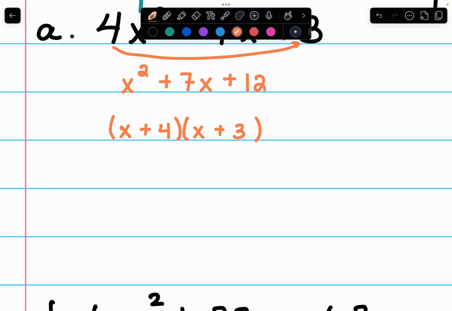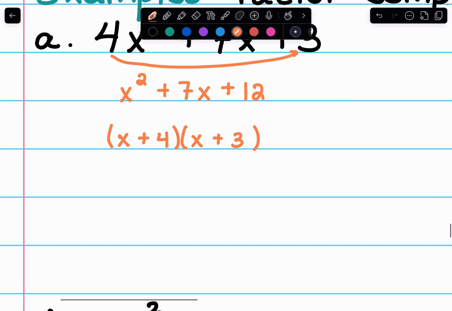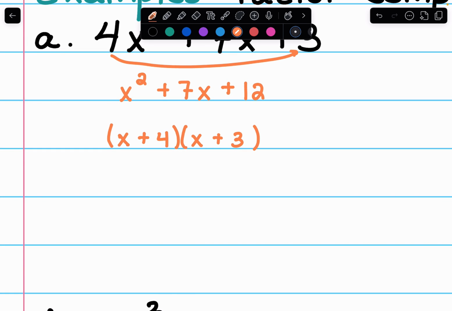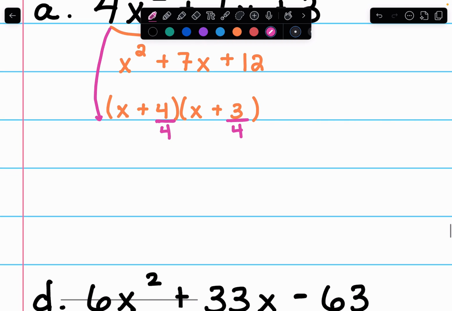Okay, so that was step number 2. Step number 3 says divide both numbers in the parentheses by the first number. So you're going to do 2 things with that first number. At first, you're going to multiply it. Then, once you factor your easy trinomial, you're going to divide your numbers by that first number. Okay?